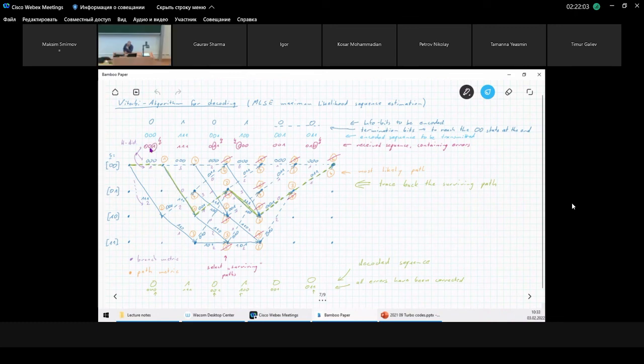Imagine here now a burst error, where we had 4 bits being wrong in a row. For example, starting here with 1, 1, 1, 0, 1, 1. So the first 3 bits being wrong, this will give us here a metric of 0 and a metric of 3 here. So this path is more likely. And we will have even one more wrong path.